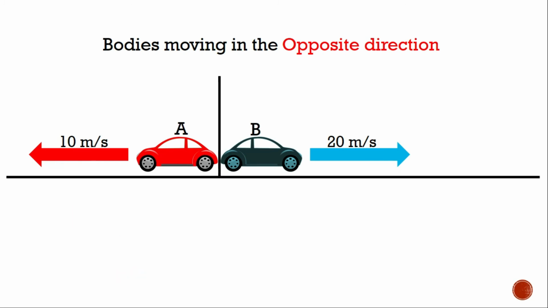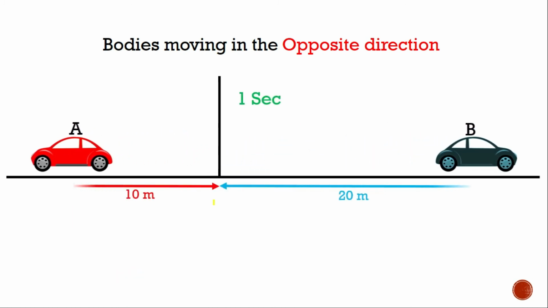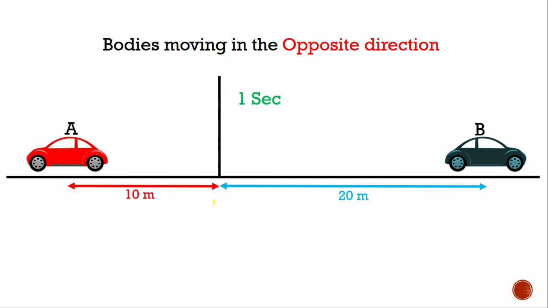See, if both these cars start to move with the speed of 10 meters per second and 20 meters per second, after exactly 1 second, car A would have moved 10 meters from the initial position and car B would have moved 20 meters from its initial position. But what if we consider both of these cars as the reference point for each other?